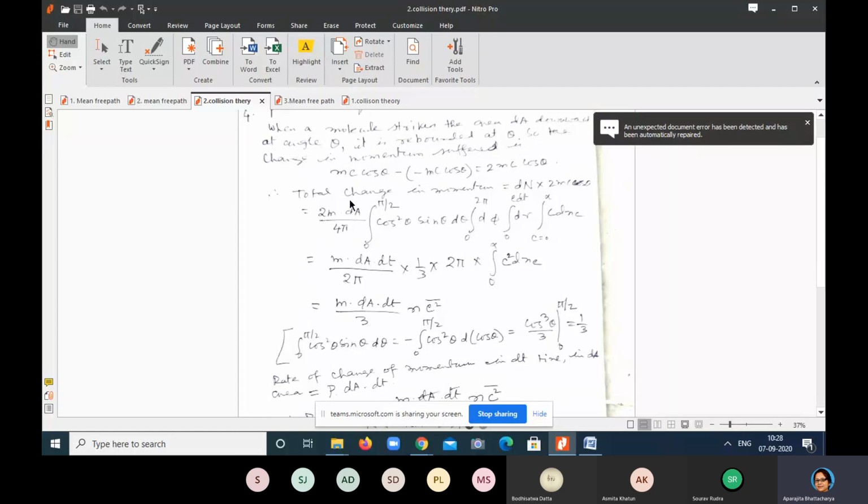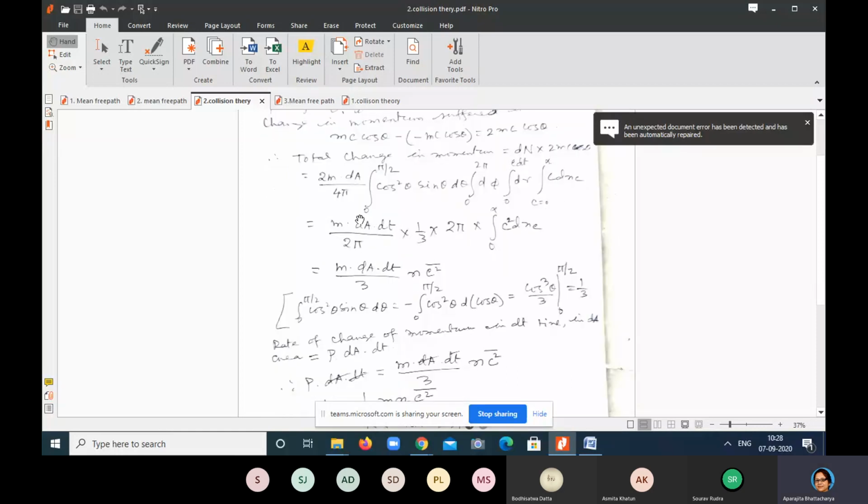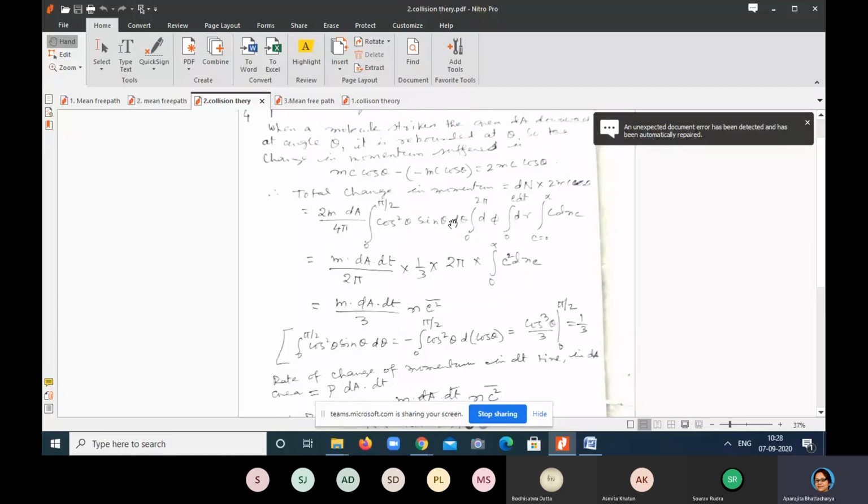If you put in the values of dn, and here we have an extra term cos theta, the integration, which was cos theta sin theta in the previous slide, will come as cos squared theta sin theta due to this cos theta contribution. If you do this, with cos cube, it is probably 1/3. I will insist you just do all this integration.